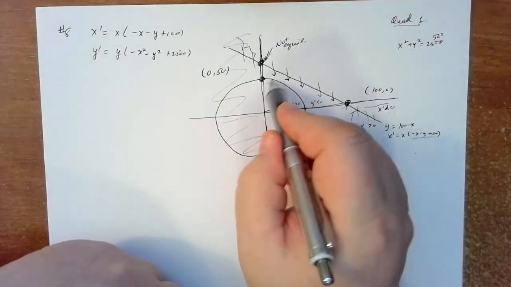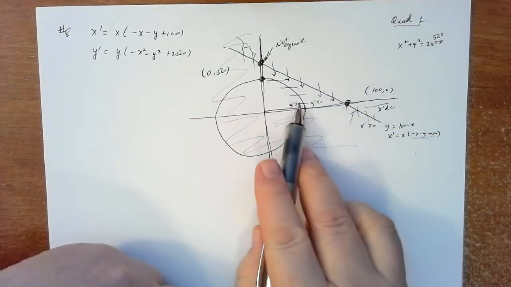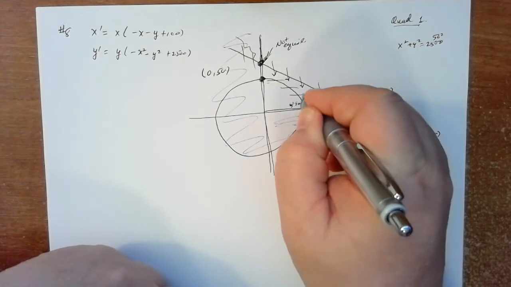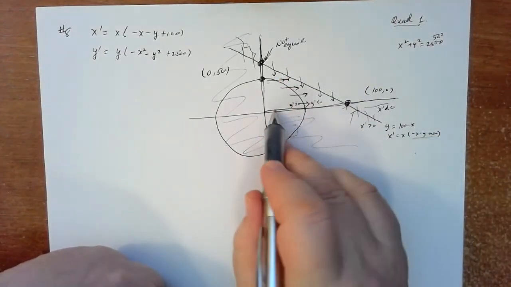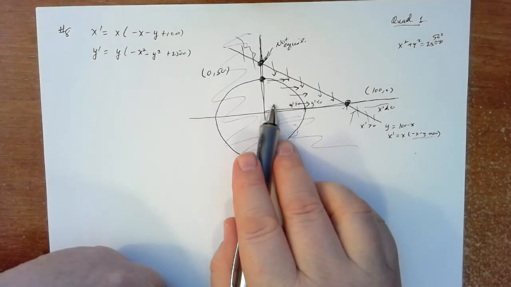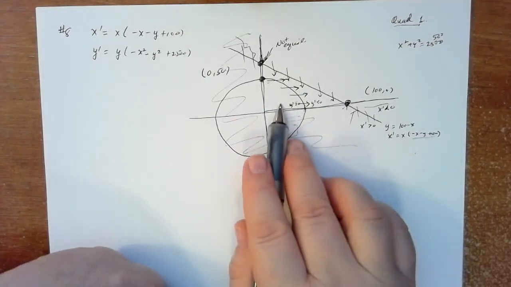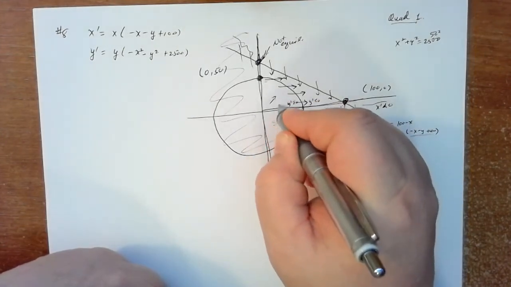Good. And then along the circle here, we have horizontal lines. Which direction are they going in? Well, they are below the line, so therefore x prime is positive, and so they are moving to the right. Now what's happening down here, for example? Well, down here x prime would be positive, so it's moving to the right. y prime is positive, so that's also moving up. So this is moving in this direction, right?